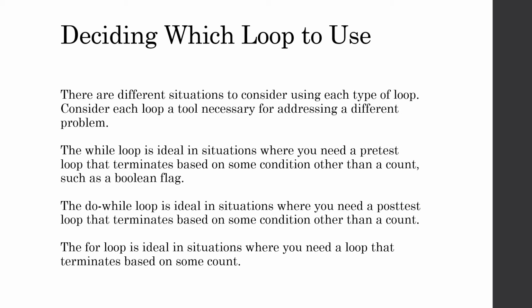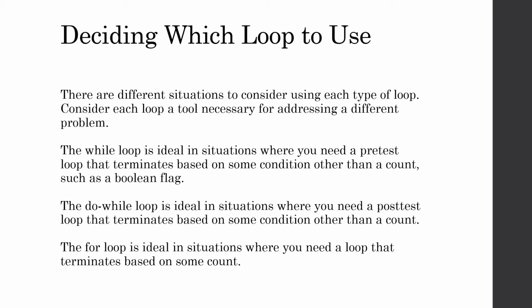And then finally, the for loop is going to be ideal in situations where you need a loop that terminates based on some count. In any kind of situation where you know how many items you're going to be working with, or precisely how long you need your loop to execute, the exact number of iterations, the for loop is going to be ideal over the while loop or the DoWhile loop.